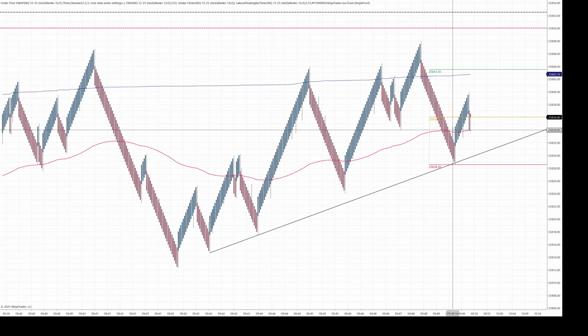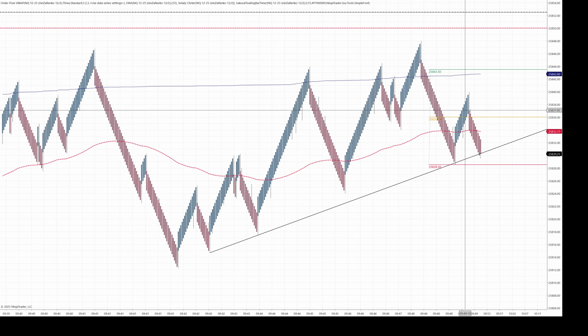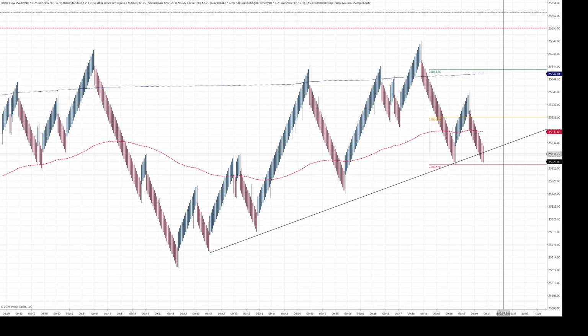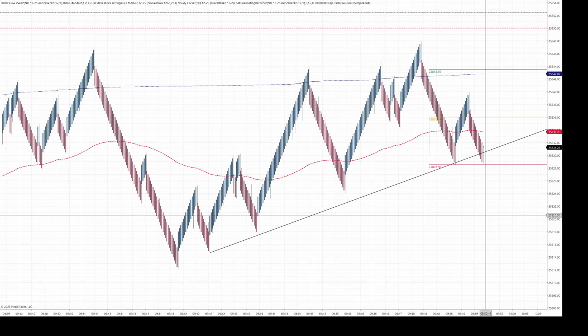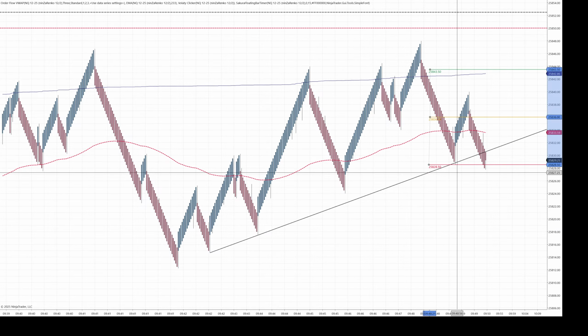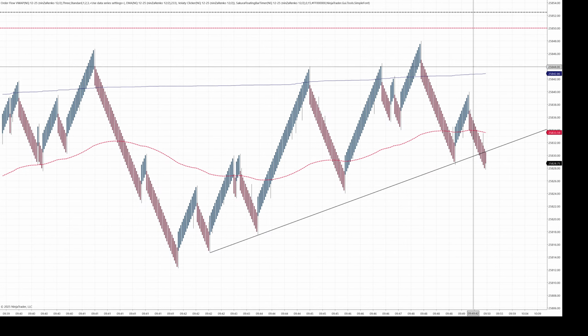But your entry would be after you get 4 bricks in that direction, and your stop loss would be below here. But again, this is a false positive trigger to the upside because we don't have room to get there. And this trade would have stopped out if we would have taken it.